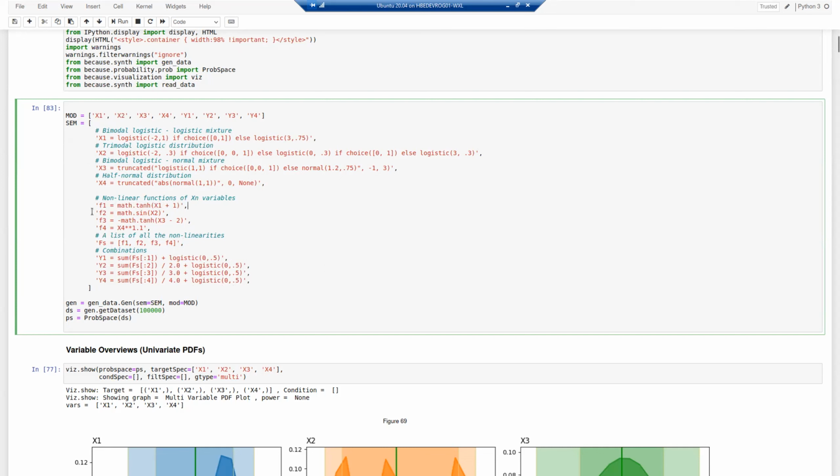And in particular, x1 affects all 4 variables, x2 affects 2 through 4, x3 affects 3 and 4, and x4 only affects the 4th y variable. So we'll take a look at what that looks like visually.